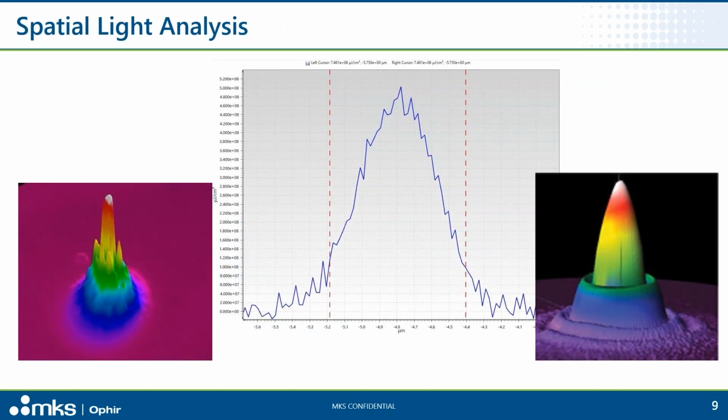Spatial light analysis. Beam profiling systems and goniometric radiometers have been used to assess VCSELs in the far field. Now, optical accessories provide methods to obtain near-field and far-field measurements with standard beam profiling cameras.